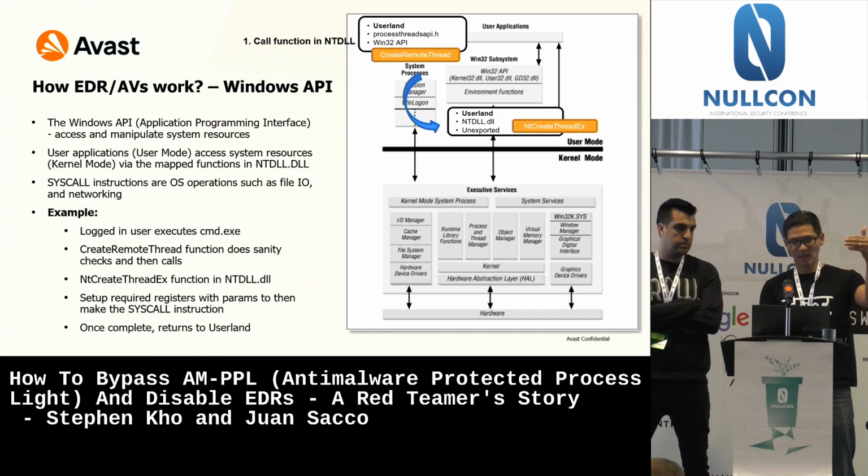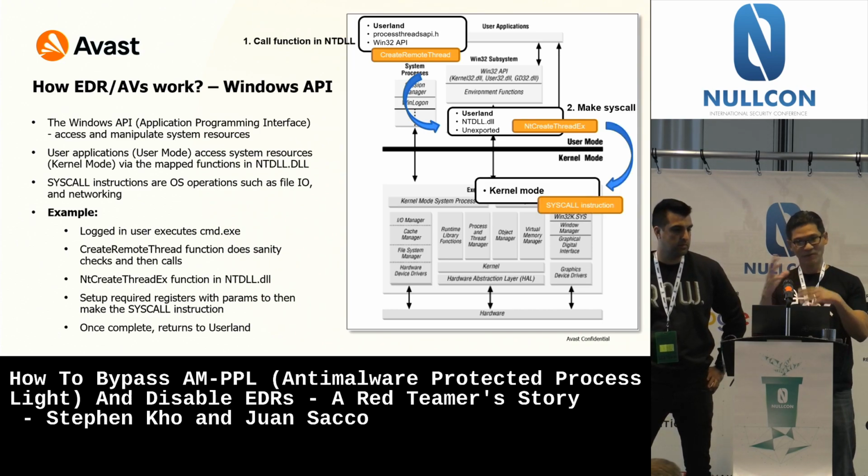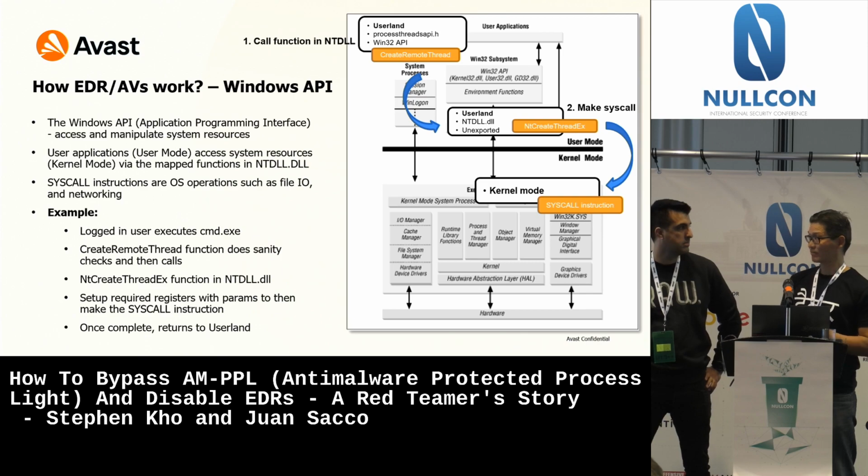So, in effect, it will call that API to access that NtCreateThread function, which then, after some checking to make sure that it's all cool, will make the syscall instruction to do something you want, like to affect memory or your file I/O, for example. So that's kind of how a normal program works, in terms of the flow to call the Windows API. Yeah, cool.